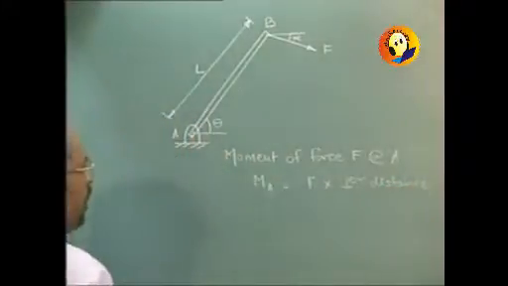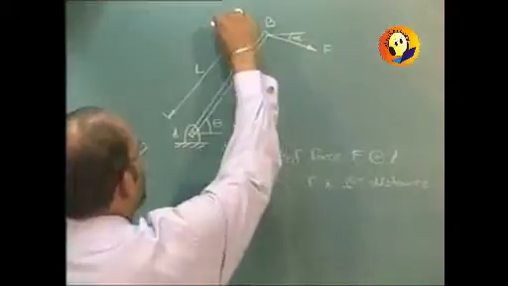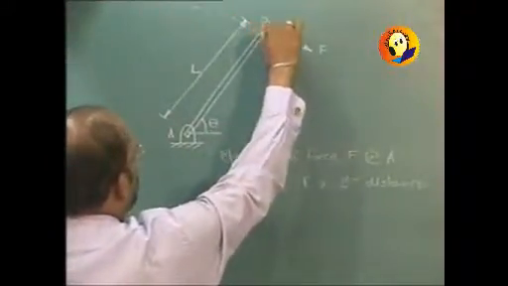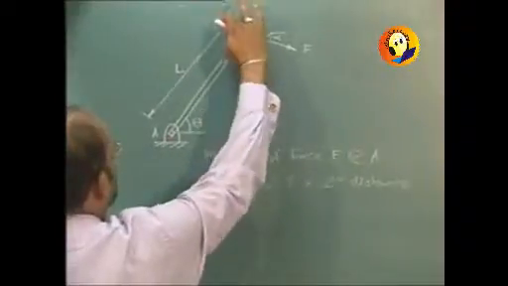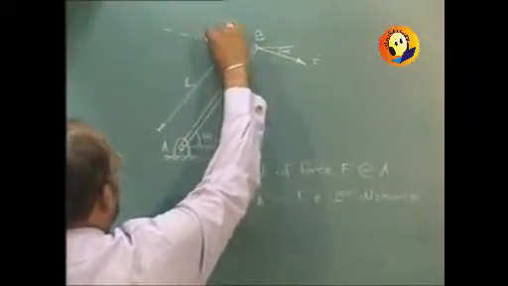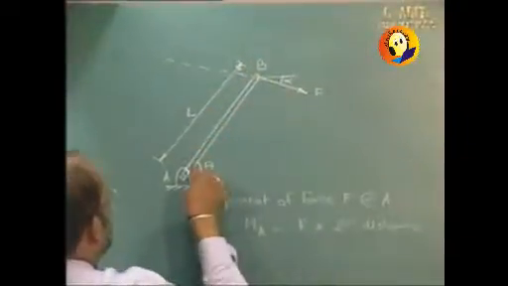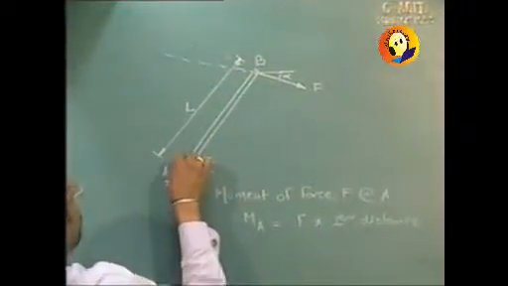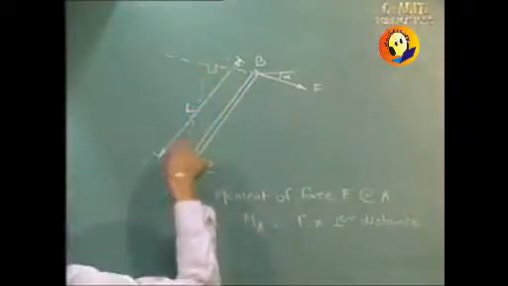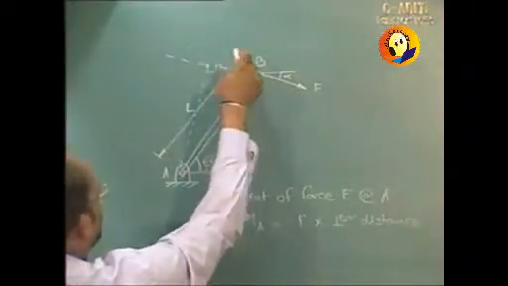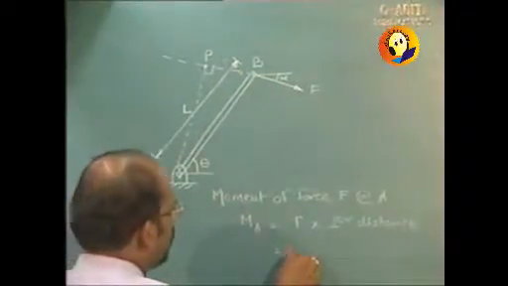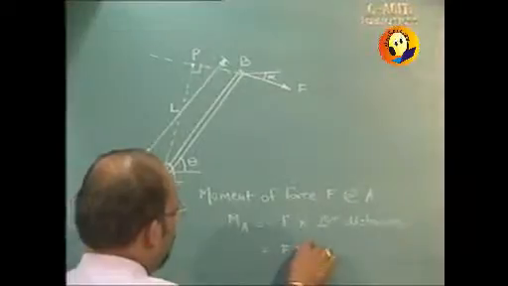So it is going to be F into perpendicular distance, and we are required to drop perpendicular on the line of action of this particular force. If this distance is known to us, let us call this point as P, then it is going to be F into AP.